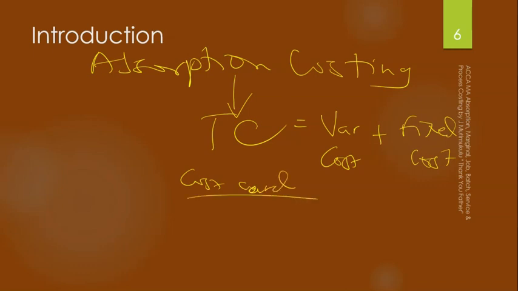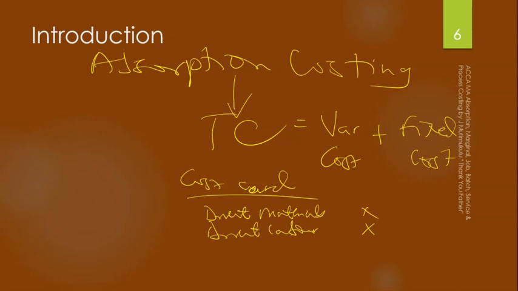Okay, a cost card, for an absorption costing environment, should have direct materials, direct labor.